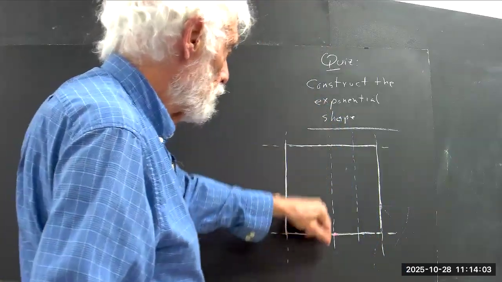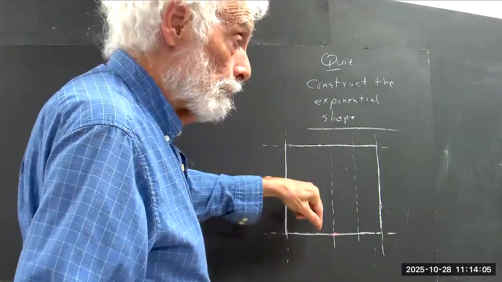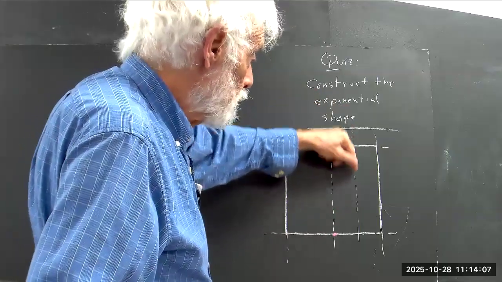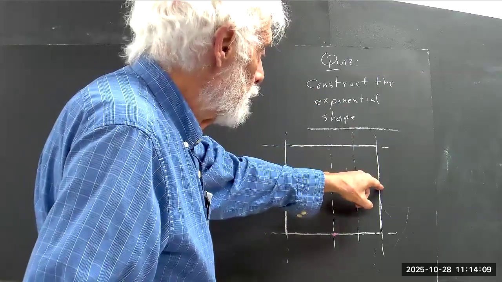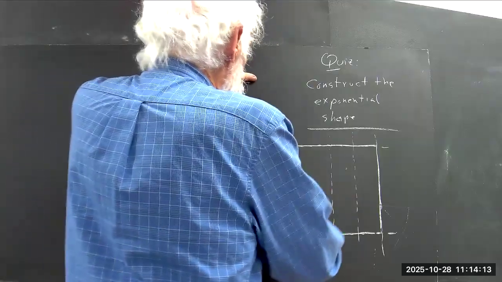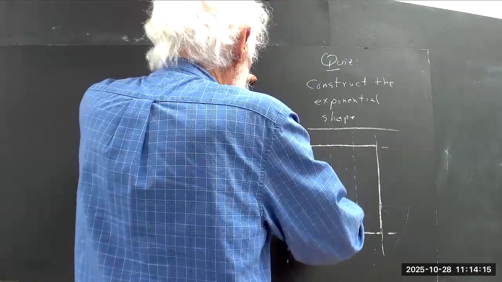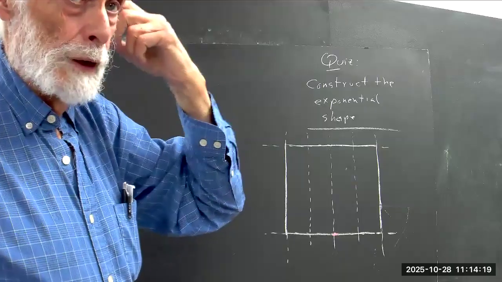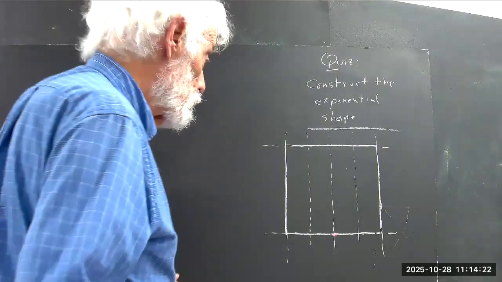Now that vertical line through the red dot is through the center. Okay, so the line I just constructed is halfway from the right edge to that center line. And then halfway from the left edge to the center line. And there we're done. At least with the vertical lines.